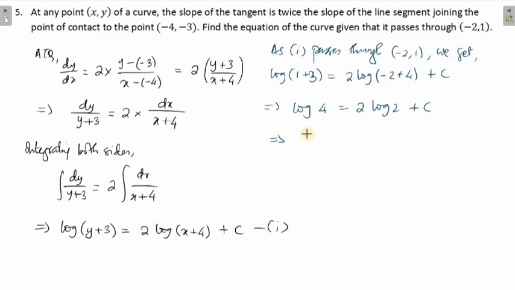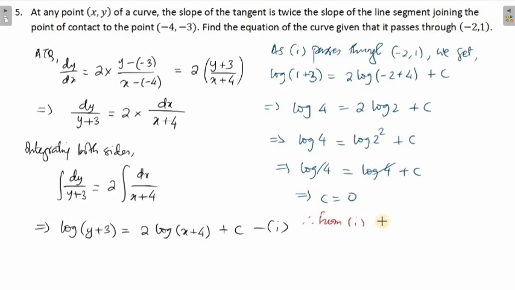You write this as log 2 squared plus c, and log 2 squared is log 4. So this is log 4 plus c, these two get cancelled, and c equals 0.